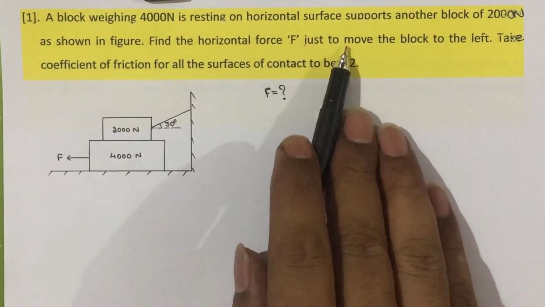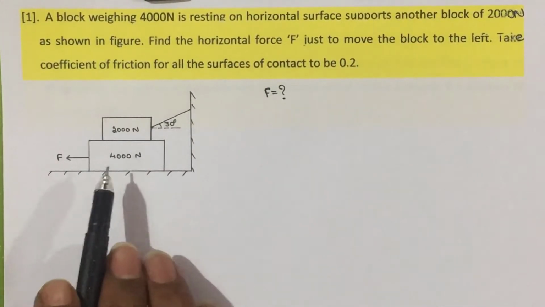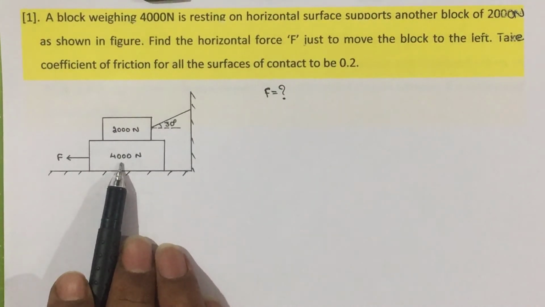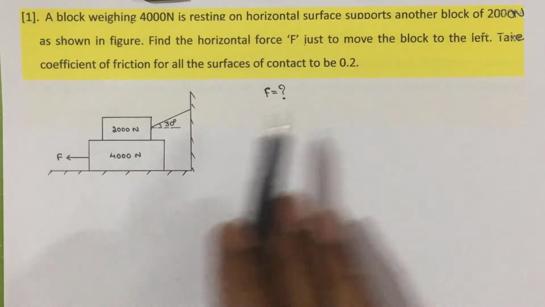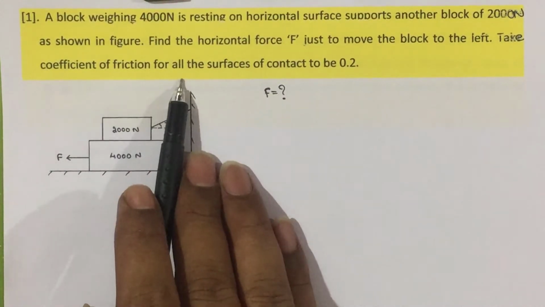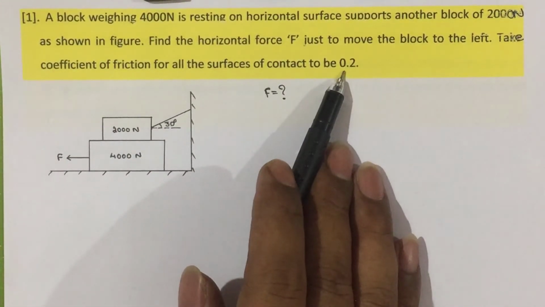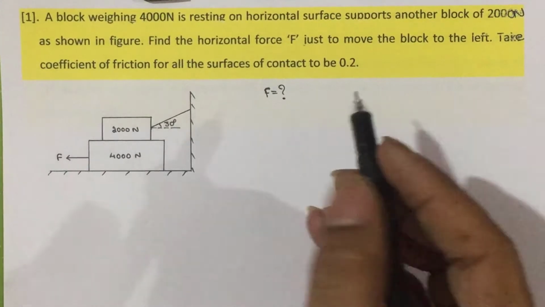Find the horizontal force F just to move the block to the left. That is nothing but the 4000 Newton block moving leftwards. Take the coefficient of friction for all the surfaces of contact to be 0.2.